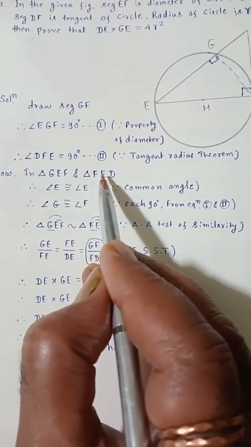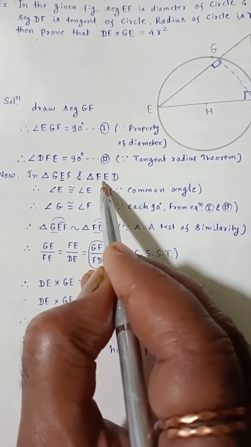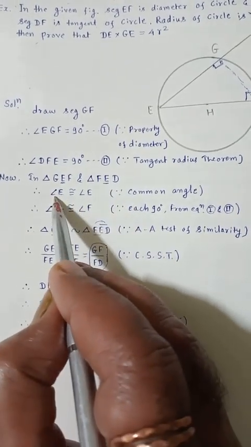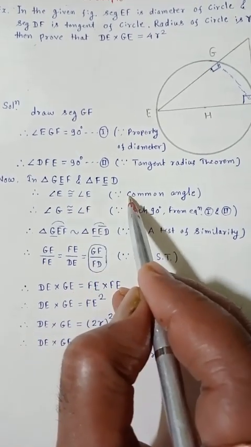In these two triangles, angle E is a common angle. Angle E congruent to angle E. Reason is common angle.